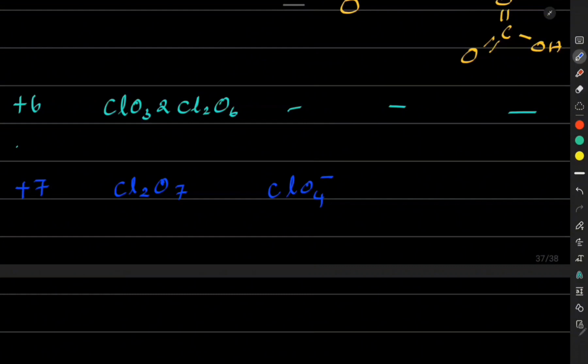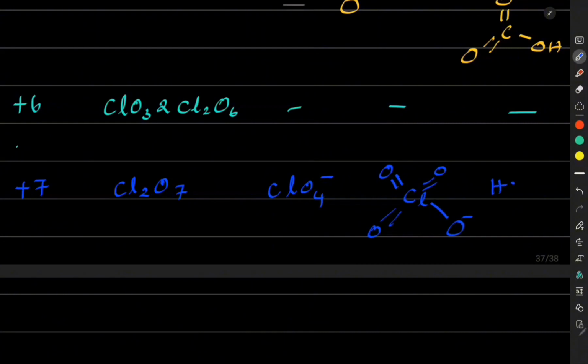The structure has four Cl-O bonds: three double bonds and a single bond to O minus.